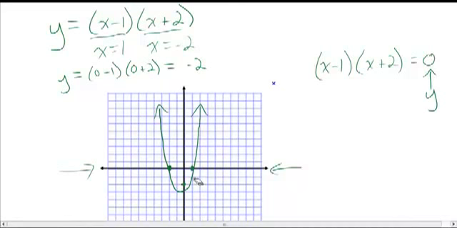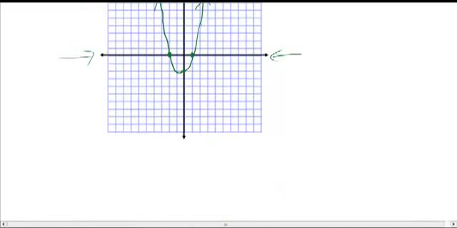So let me do a little better. I can do better. There you go. But again, you're not going to be drawing it, you're just going to be choosing the correct graph. So you want to use that factored form to find the x-intercepts, and you can also find the y-intercept pretty easily. Okay.